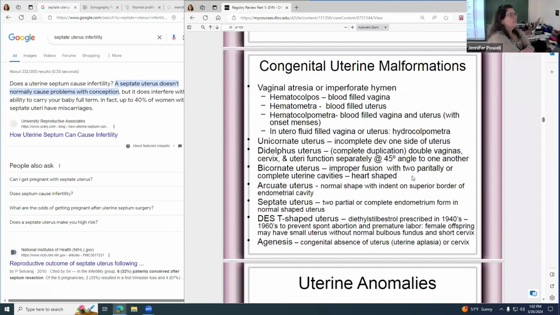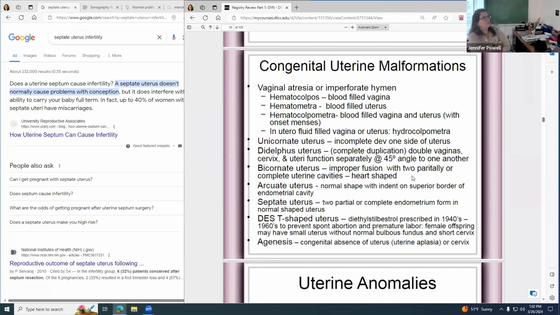Congenital uterine malformations. You can have vaginal atresia or imperforate hymen. That would cause, so imagine if the exit is blocked and you get your period, where's it going? If it's an imperforate hymen, there's no opening there, or if it's vaginal atresia and it's too narrow for the blood to exit, you could end up with hematocolpos.